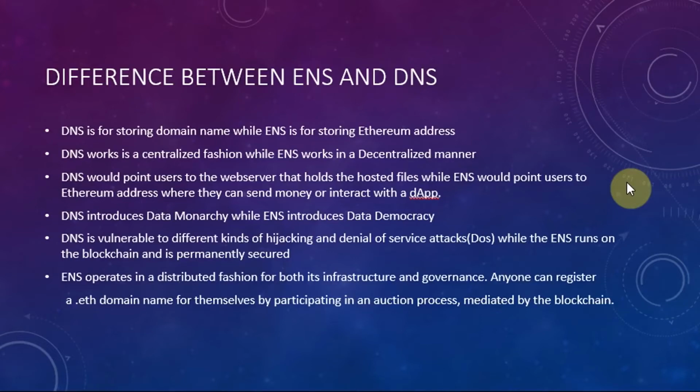It's not centralized, it's decentralized. So different computing nodes that join the network own a full copy of all the Ethereum addresses. So it makes this decentralized, and it's a kind of peer-to-peer interaction between nodes. So this introduces a kind of data democracy, where you own your data privately, but it's managed publicly.